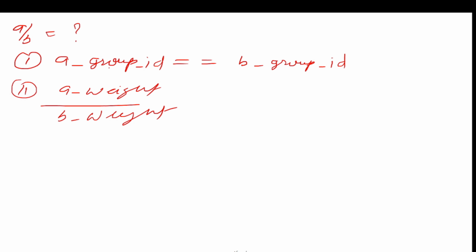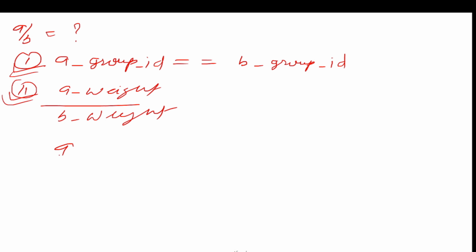So if the first condition holds, then by dividing the relative weights that are assigned to the variables, we obtain the result of a by b at the end. Only if this condition holds will we evaluate these, and then we can say what the value of a by b is. Let's understand the example again so that you will understand.